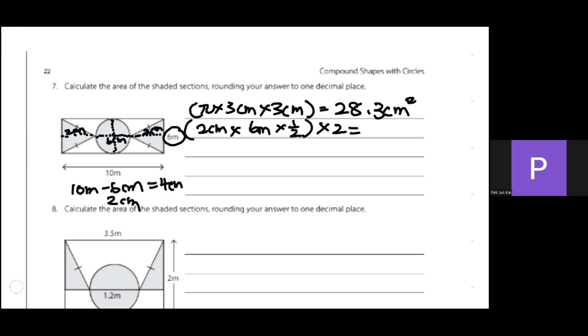So the area of the triangle would be 12 cm squared altogether. So 28.3 cm squared plus 12 cm squared, we would get 40.3 cm squared. So this would be the area of the shaded sections.